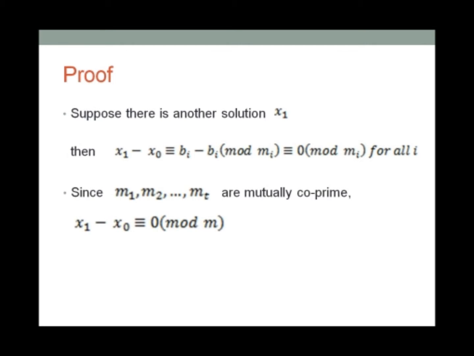And since M1, M2 up to Mt are pairwise coprime, x1 minus x0 divisible by each of them will mean x1 minus x0 is divisible by their product, which is M. Therefore, any two solutions differ by a multiple of M.